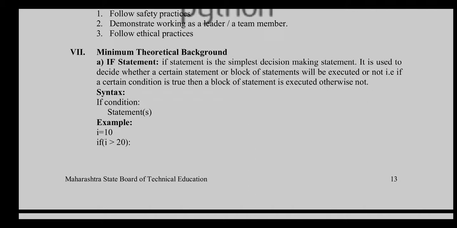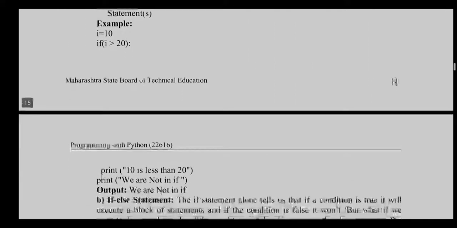i is equal to 10. If i is greater than 20, then what is going to be printed? Just see the indentation: print 10 is less than 20. After the if part, it is going to print we are not in if.